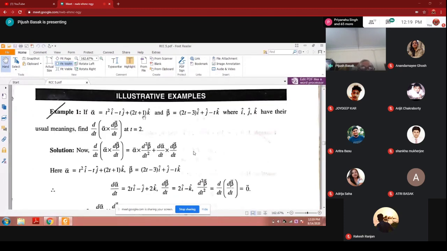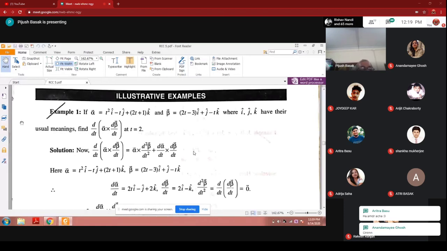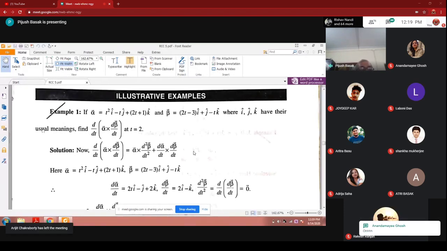If alpha is the vector t² i minus t j plus (2t plus 1) k, and beta is (2t minus 3) i plus j minus t k, where i, j, k have the usual meanings along x, y, z, then we have to find this. So we are going to find d/dt of alpha cross d beta/dt, and this rule will be followed.